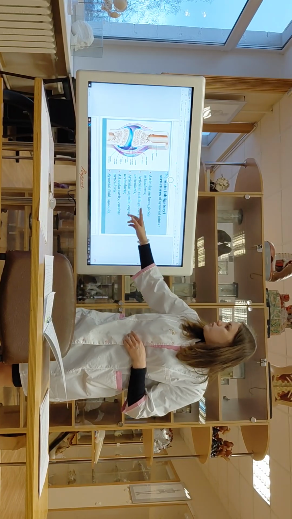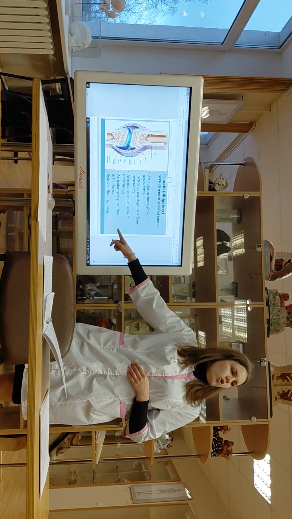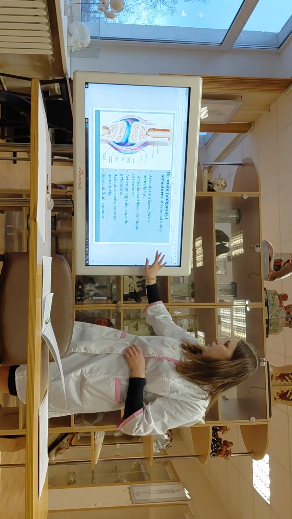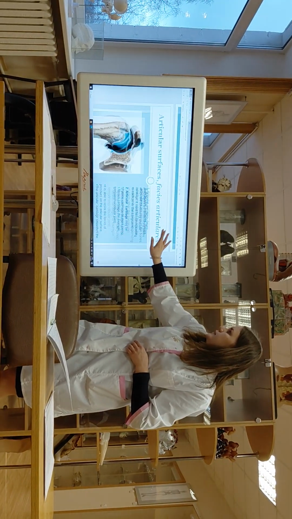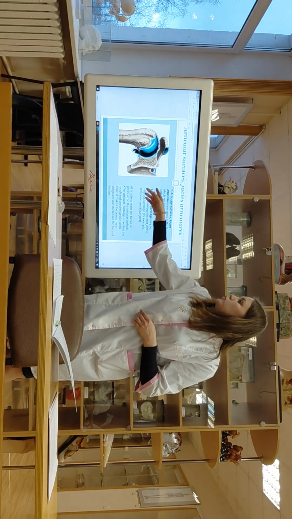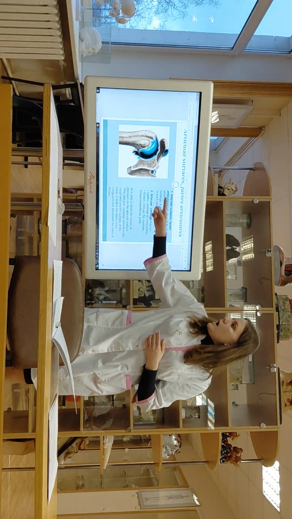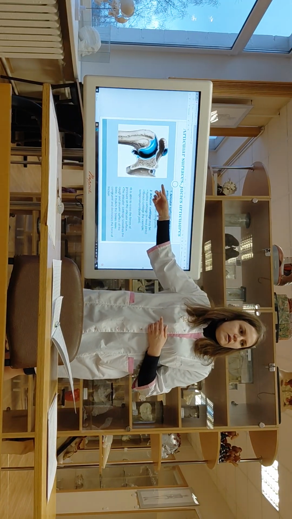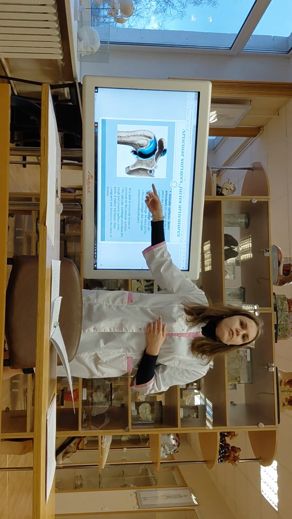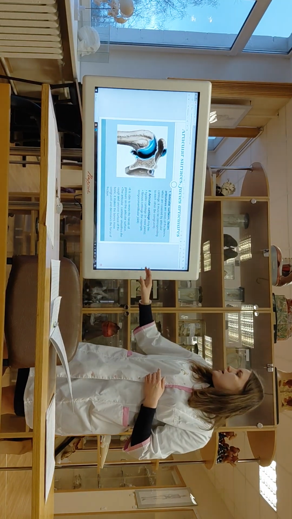Then we have the articular capsule, the cavity, and synovial fluid inside the cavitas. For example, the shoulder joint has two surfaces, caput of humerus and cavitas glenoidalis of scapula, and these two surfaces are covered by cartilage.